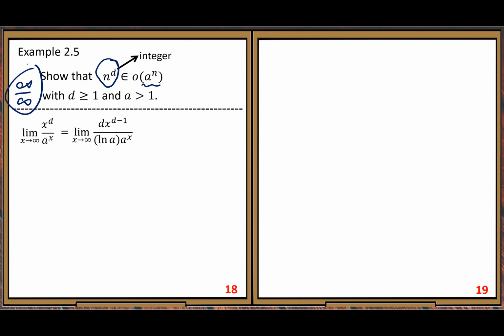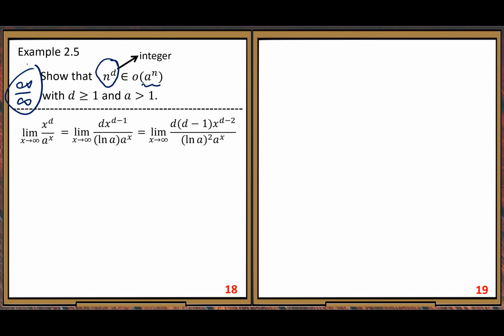That means we can apply L'Hopital's rule another time. Take the derivative the second time, numerator and denominator. The numerator becomes d times d minus 1 times x to the d minus 2 power, and the denominator is natural log of a squared times a to the x.